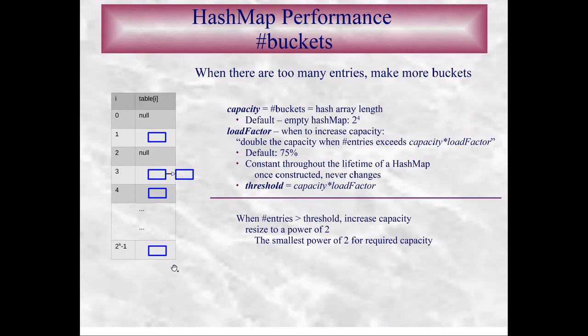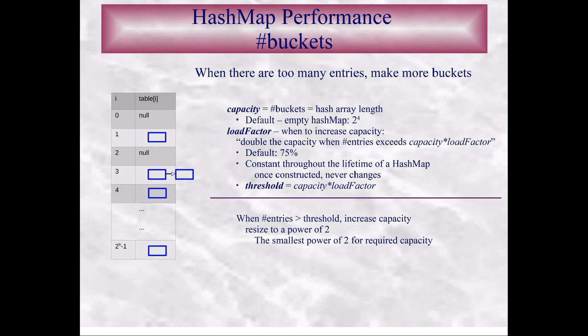So if, for instance, your table length is 16, it has to be a power of 2, and there are 12 nodes in the hash, the fullness is 75%. In the default setting, every time your hash map hits that 75% load factor, it adds another size like that to itself. It doubles the size.